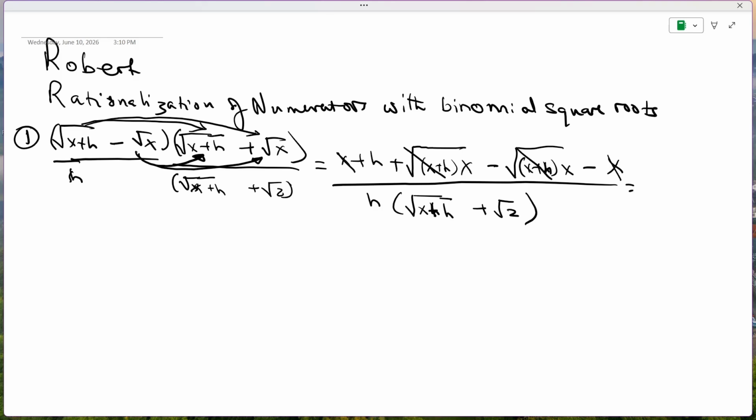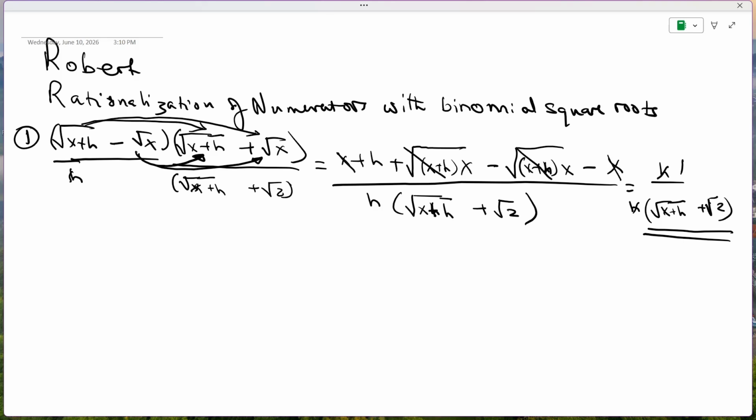So the final result here will be h over h into root x plus h plus root x. And of course, h will cancel out with this h. So the final answer will be 1 over root x plus h plus root x. So we'll have removed the root signs from the numerator, and therefore we'll have rationalized the numerator with binomial square roots.